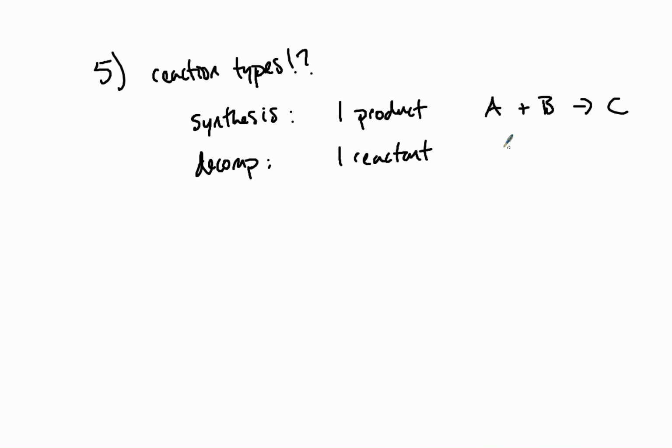So if I flip that, if C was broken down into its parts, A and B, that would be a decomposition reaction. So if you see one reactant, it's a decomp. If you see one product, it's a synthesis. Understand the difference.